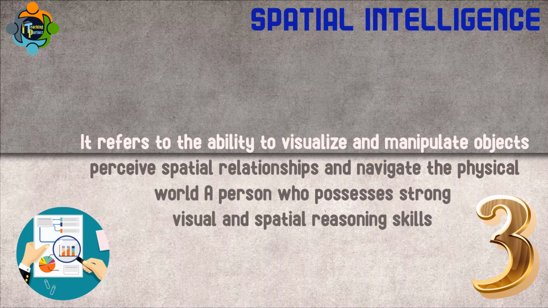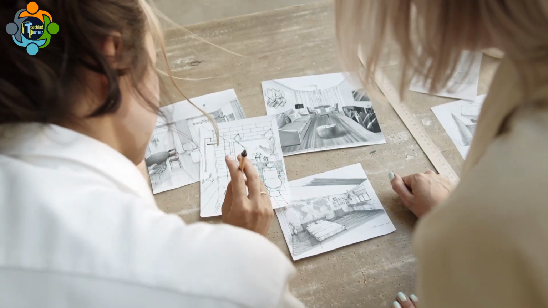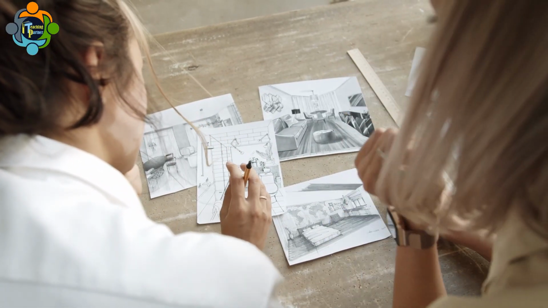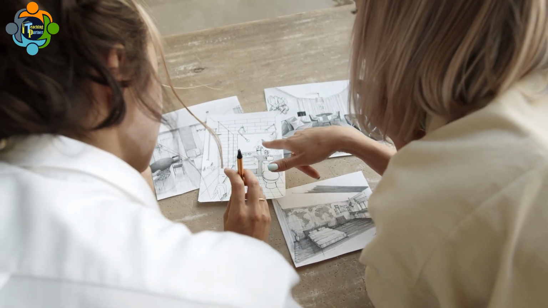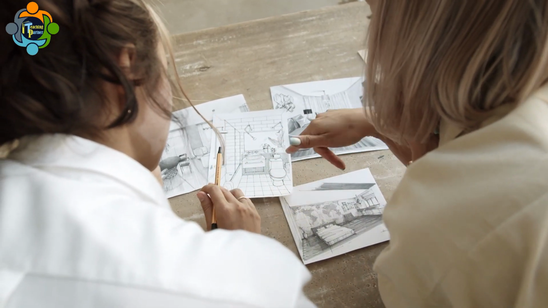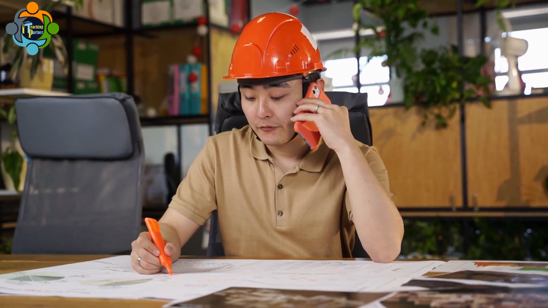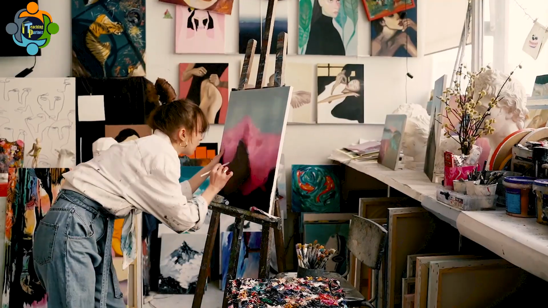It refers to the ability to visualize and manipulate objects, perceive spatial relationships, and navigate the physical world. A person who possesses strong visual and spatial reasoning skills, they can easily visualize and manipulate objects in their mind and effectively use visual aids to learn new information. They may excel in fields such as architecture, art, or engineering.